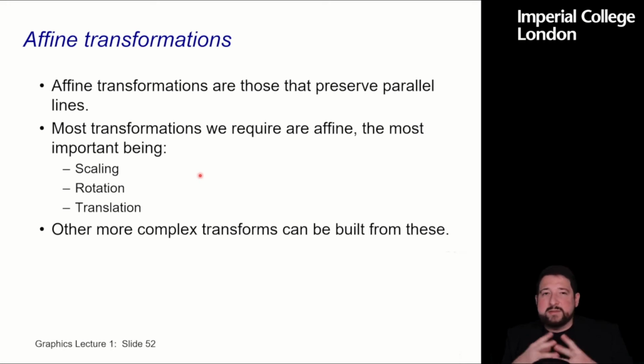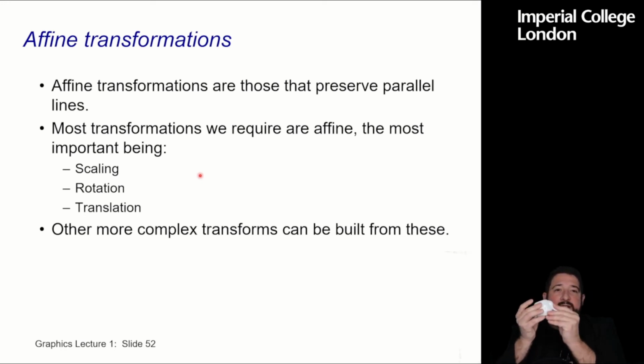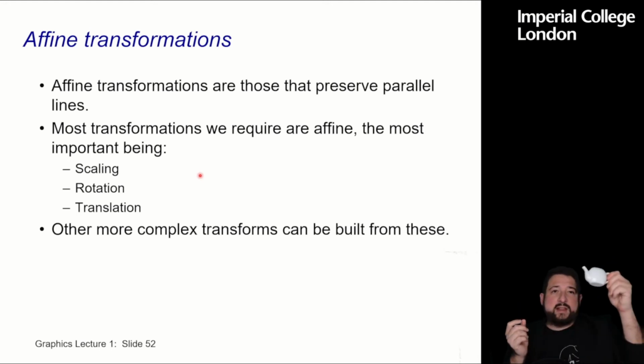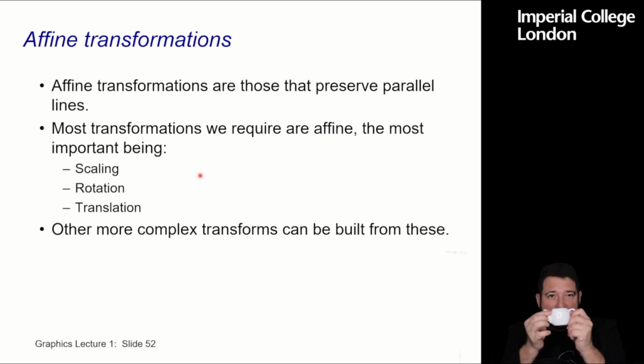The most well-known and obvious ones are: I want to make an object bigger or smaller, scaling. I want to take the object and rotate it. This is an affine transformation, where parallel lines are preserved. I want to translate it around. There are other more complex transformations I can't show on a physical object.